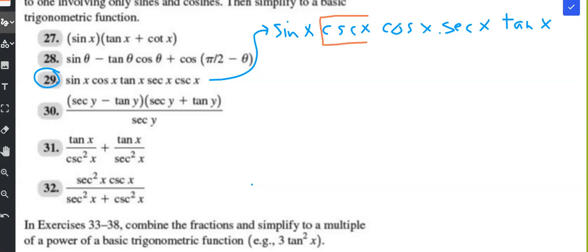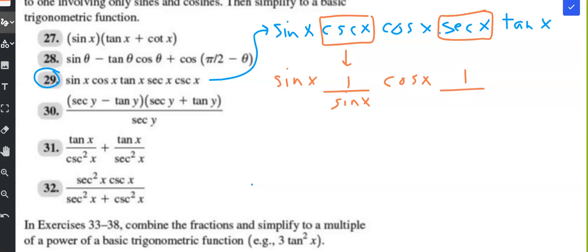What can you replace cosecant with? 1 over sine. And what can we replace secant with? 1 over cosine.